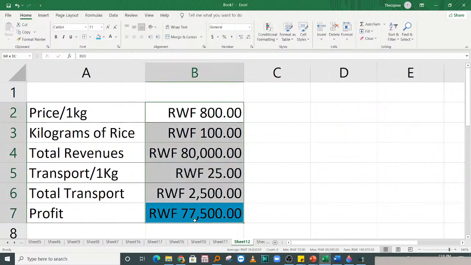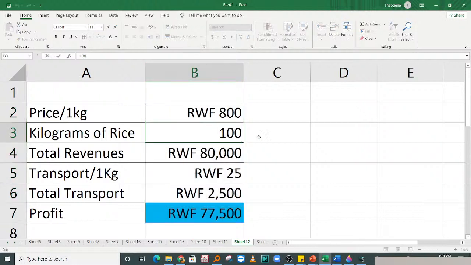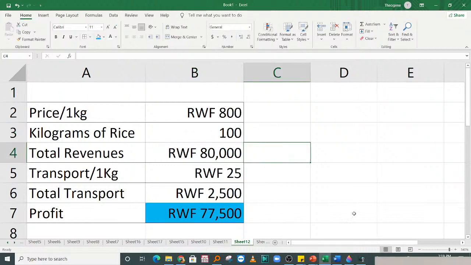So what I can do here, it is to minimize the zeros and to change this. This should not be francs, it should be a general number. Okay? Right? The price per 1 kilogram of rice is 800 Rwandan francs. We have 100 kilograms of rice. Total revenue, of course, it is 80,000 Rwandan francs.